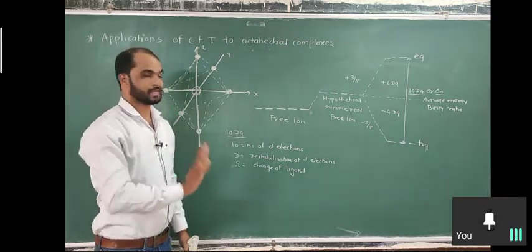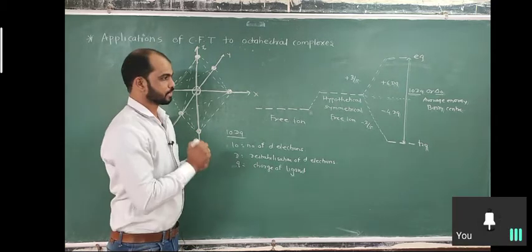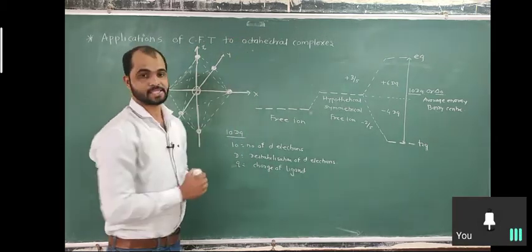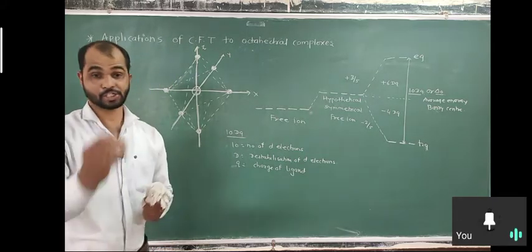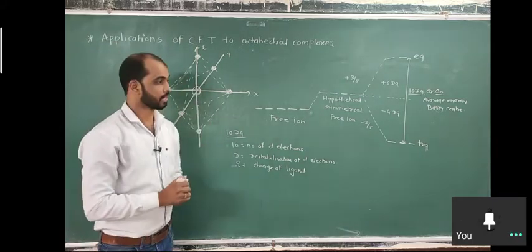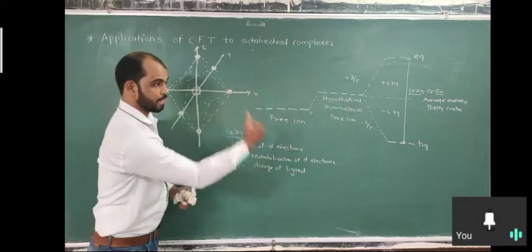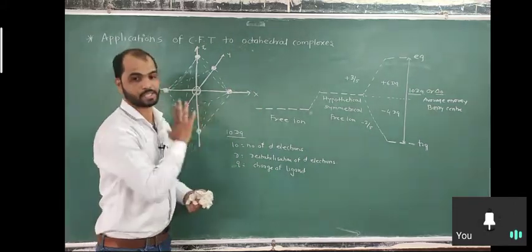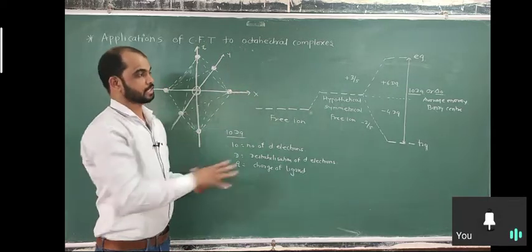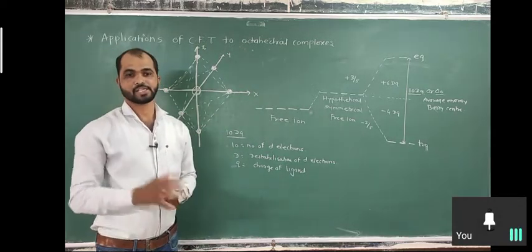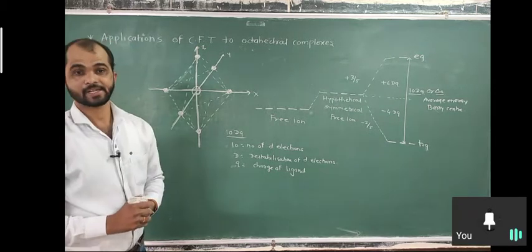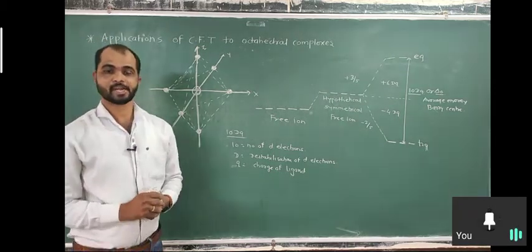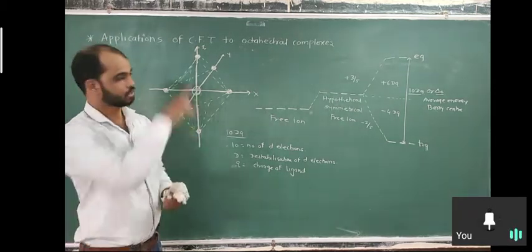Basically, above the barycenter the energy is plus 6 Dq for the Eg set, and minus 4 Dq below the barycenter for every electron of the T2g set. Using this we can calculate the stabilization energy, which we will discuss in the next lecture. It is the crystal field stabilization energy, which depends on this.